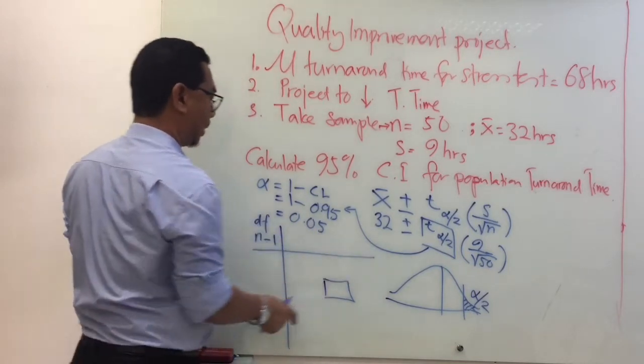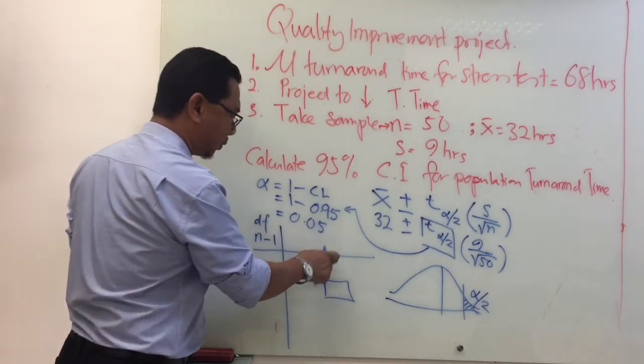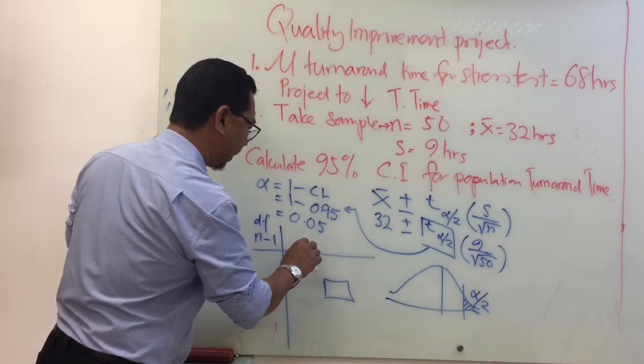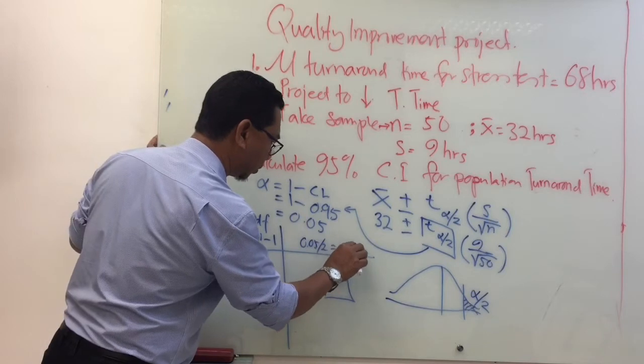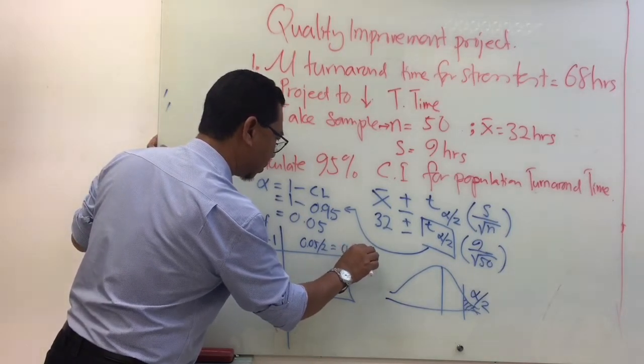We know that alpha is 0.05, so alpha divided by 2 is 0.05 divided by 2, meaning 0.025.